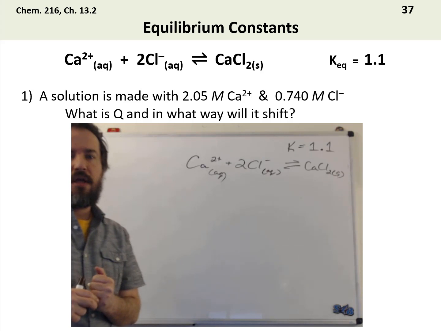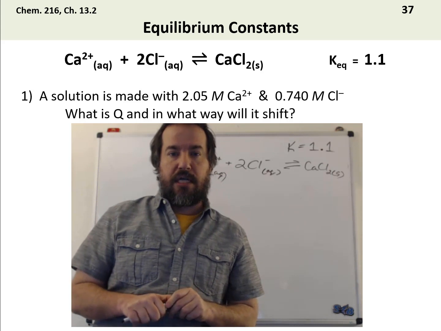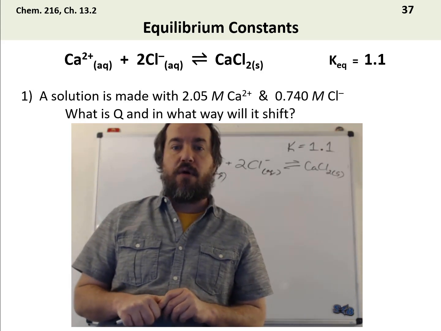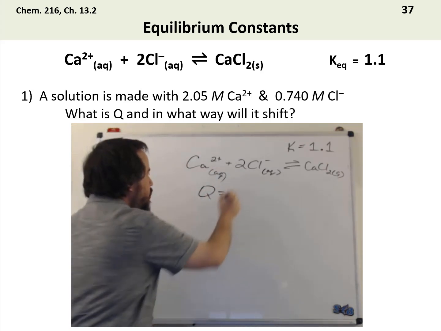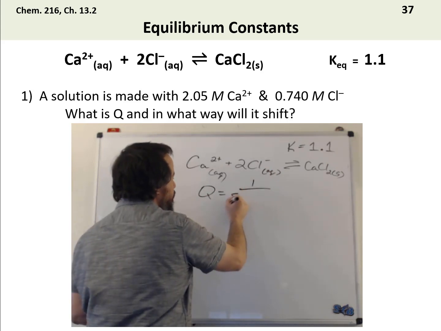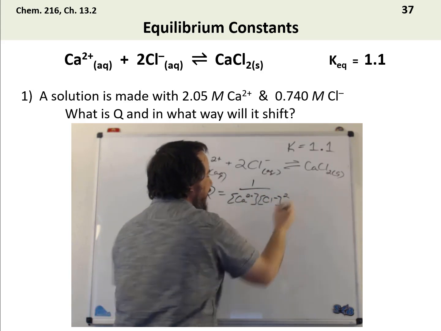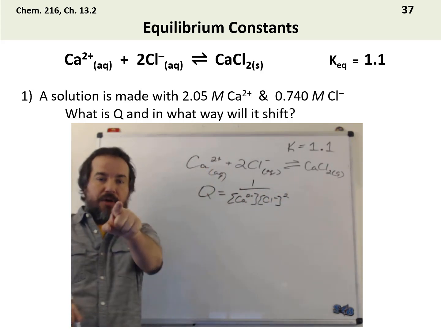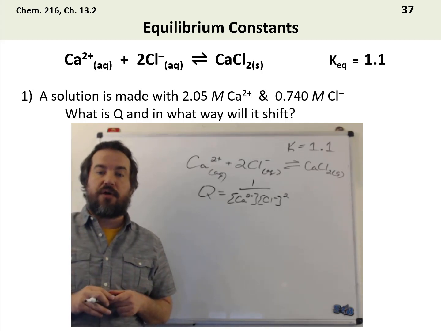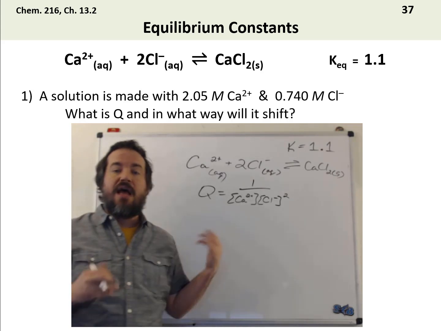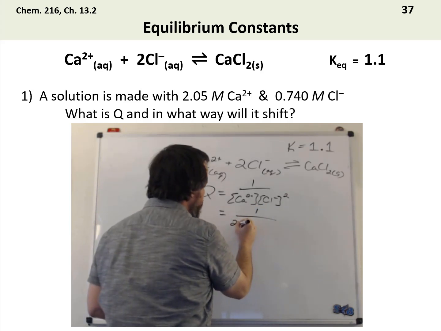Now we're told that we have a solution with 2.05 molar calcium and 0.74 molar chloride, and we need to find Q. I do the exact same calculation, except notice it doesn't say anything about those being at equilibrium. These are just concentrations, so we plug them in and we get our value for Q. This is 2.05 molar.